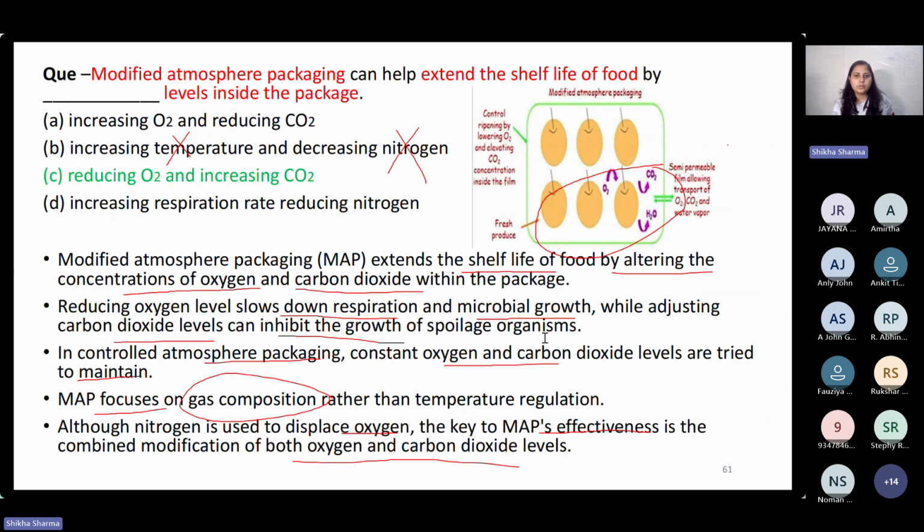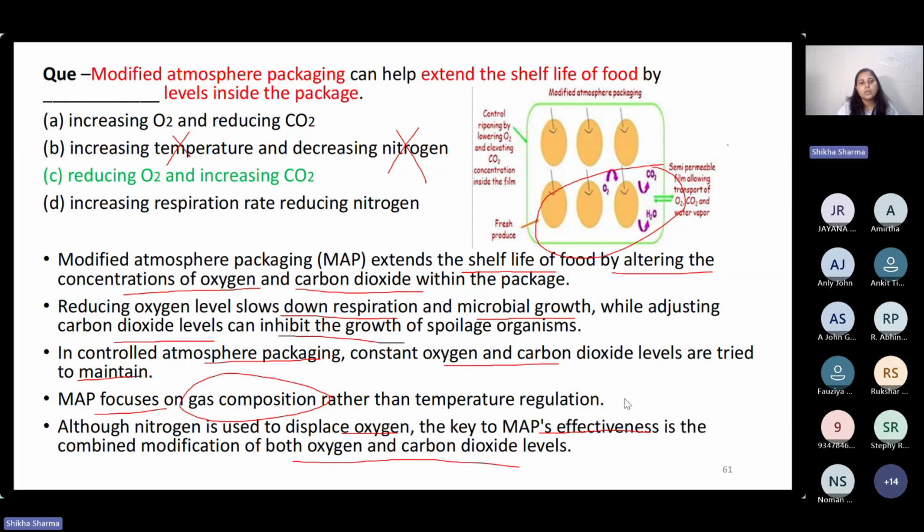So Shivaswamy is saying that in modified atmosphere packaging the gas concentration is altered, and in controlled atmosphere the gas composition is altered. Both gas composition and concentration. Oh no, actually in controlled atmosphere packaging, we continuously measure. Suppose we maintain 5% of oxygen, or X% of oxygen and Y% of CO2.